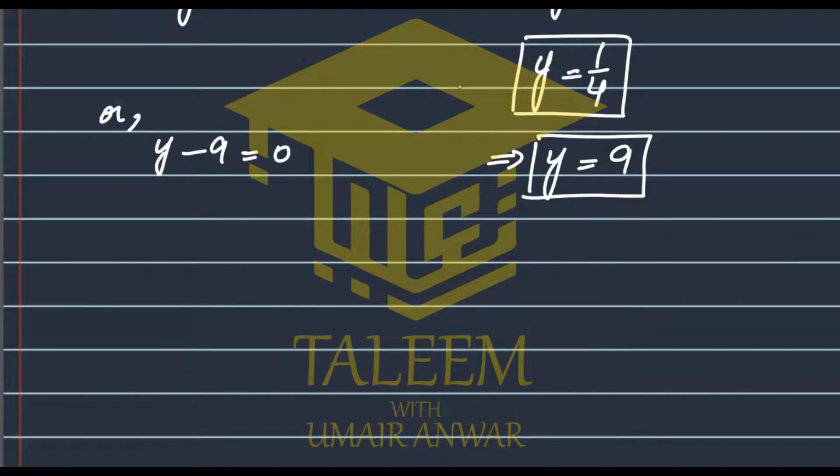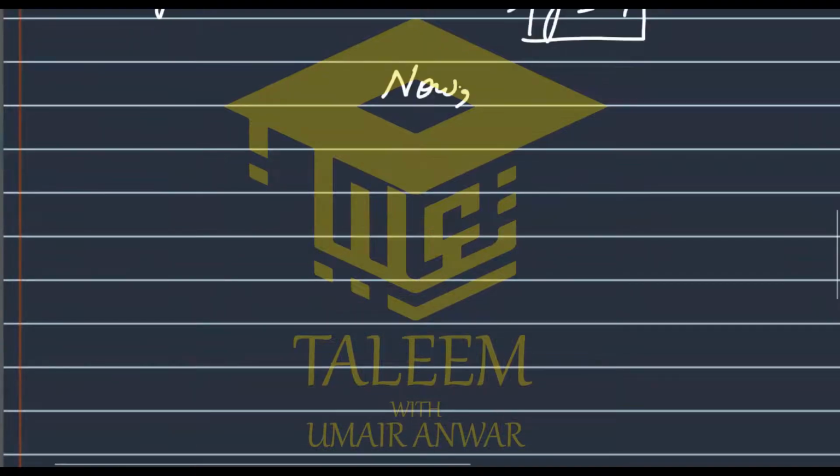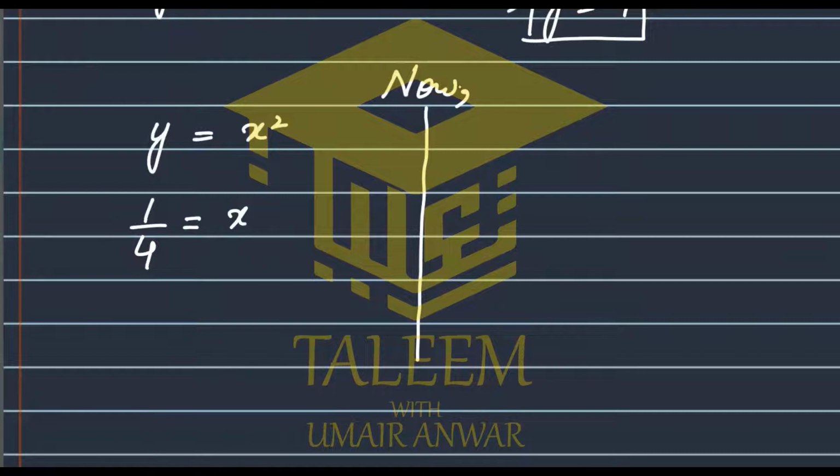Now, after solving the equation for y, we need to go back to that assumption that y was equal to x squared. So the first value of y, 1 upon 4, would also be equal to x squared, and we need to take the square root on both sides.